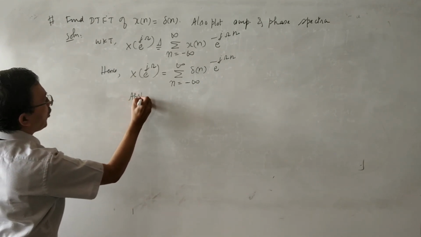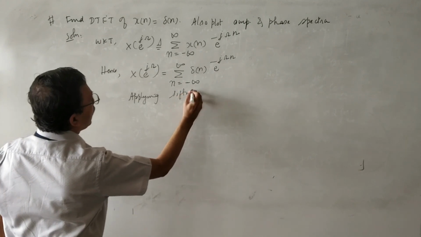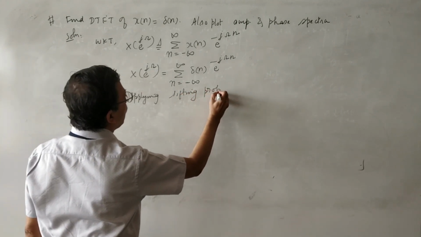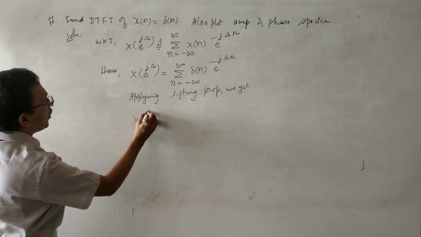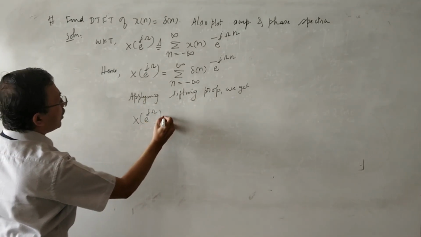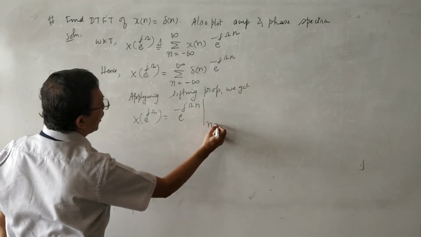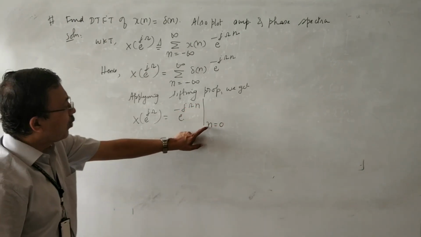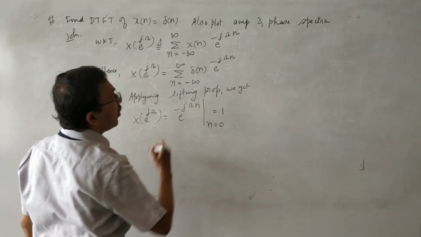Applying shifting property, we get x of e power j omega equals e to the power minus j omega n evaluated at n equal to 0. n equal to 0 is nothing but the location of delta of n. So you get value equal to 1.